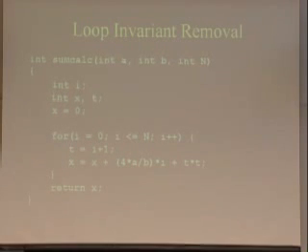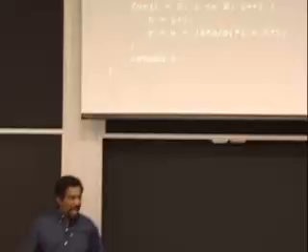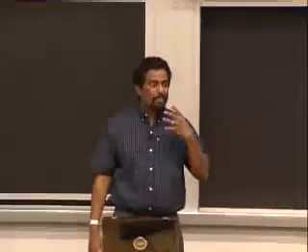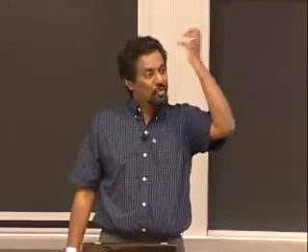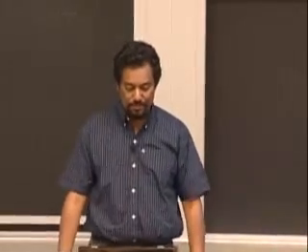So another thing is loop invariant removal. What that means is in a loop, you are going round and round many times. And if you are doing the same computation again and again, you can do it once outside the loop and use the value inside the loop. So here we have an expression in here that never changes.